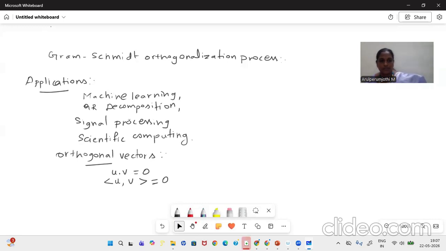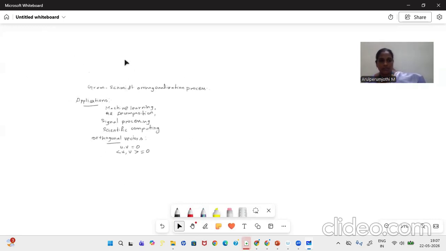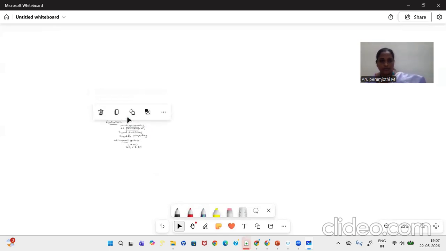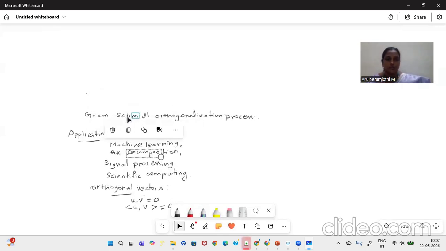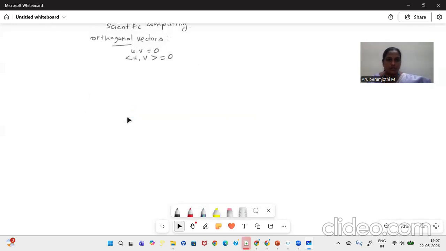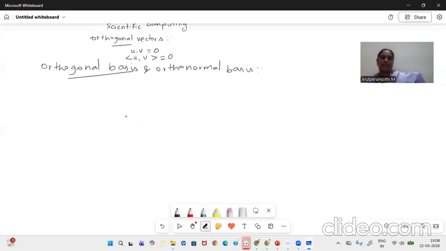First we are going to solve one problem. Before moving on to the problem, we are going to find two things: one is the orthogonal basis and the other is the orthonormal basis. Let me write the formula first for the orthogonal basis.